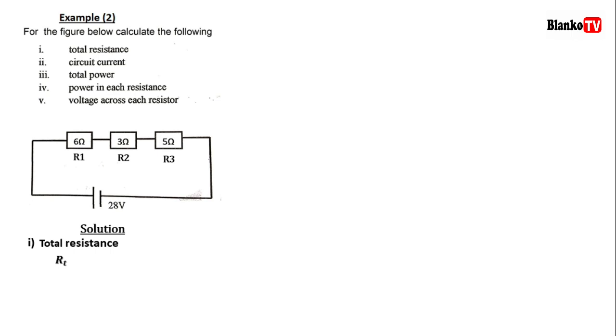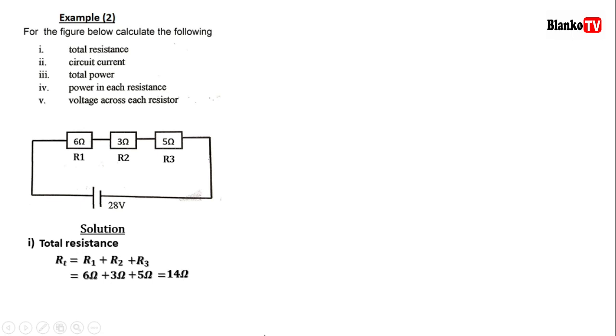RT is equal to R1 plus R2 plus R3. So we have 6 plus 3 plus 5, and when you add them, we get 14 ohms. So the total resistance RT is equal to 14 ohms.